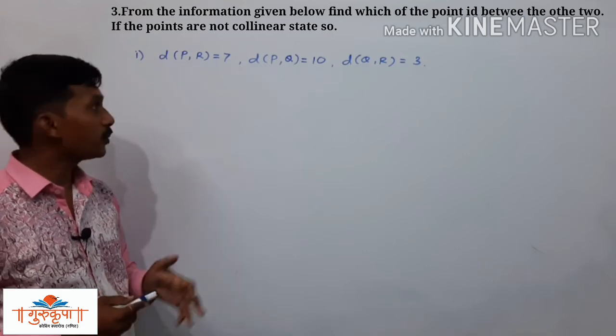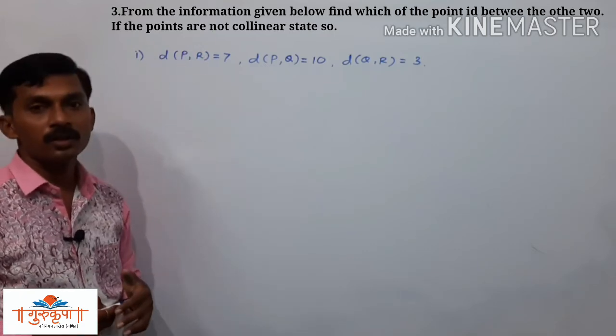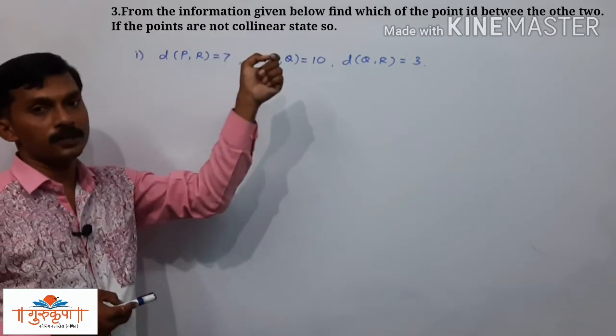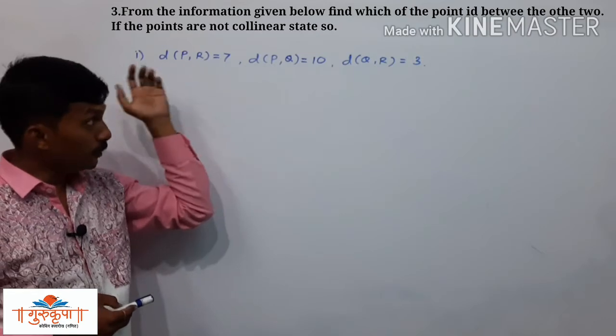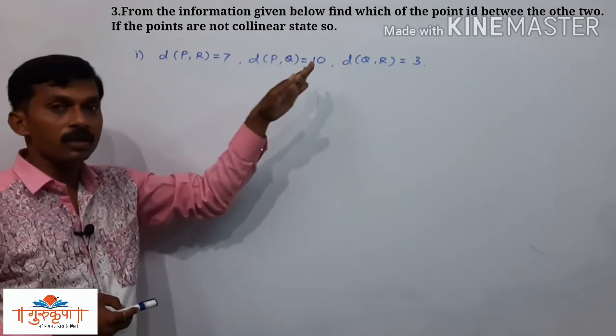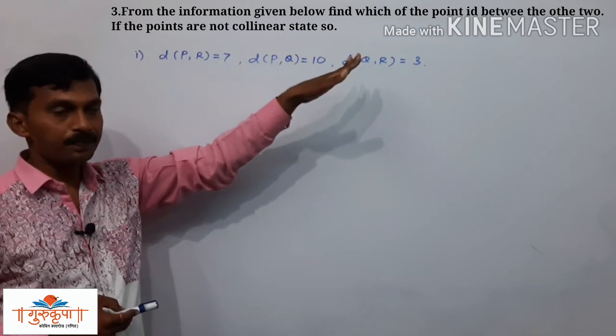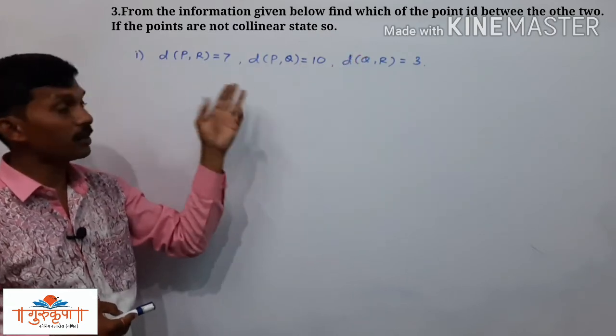The question is, from the given information, decide which point lies between the other 2 points, and if the points are non-collinear, then state so. We have been given the 3 distances here between the 3 points.